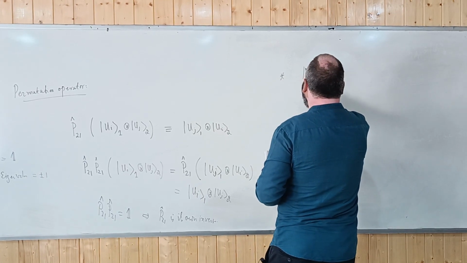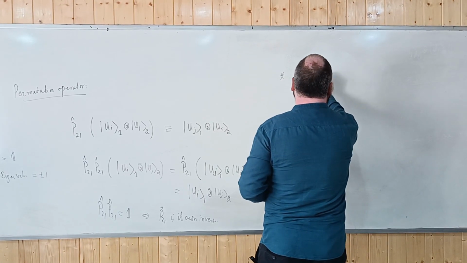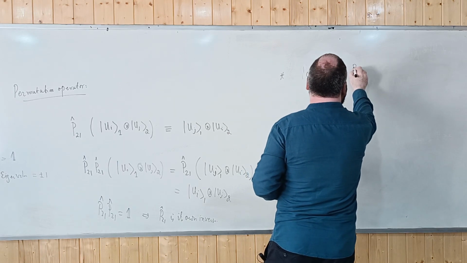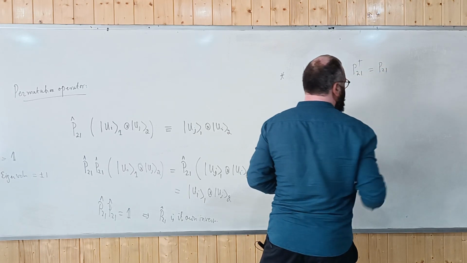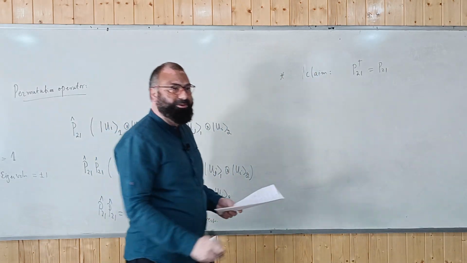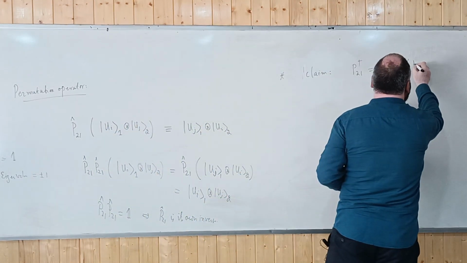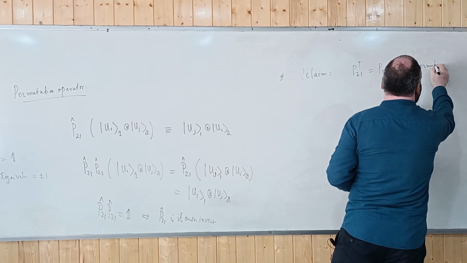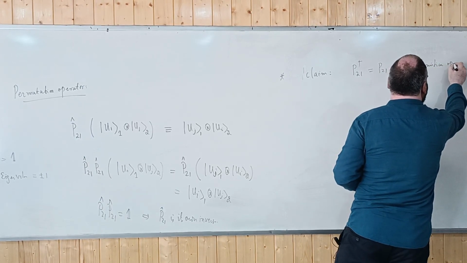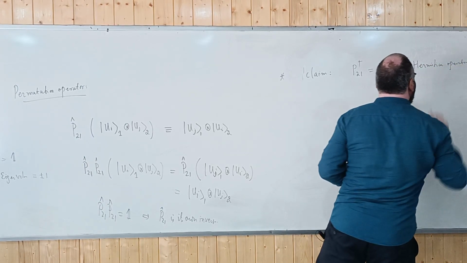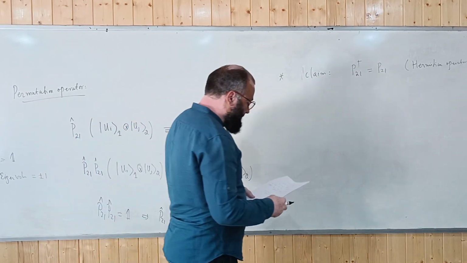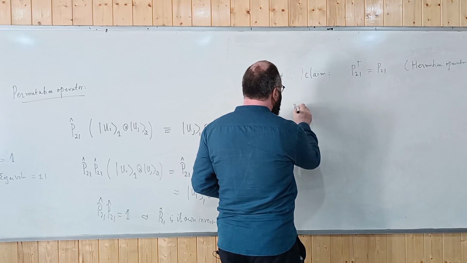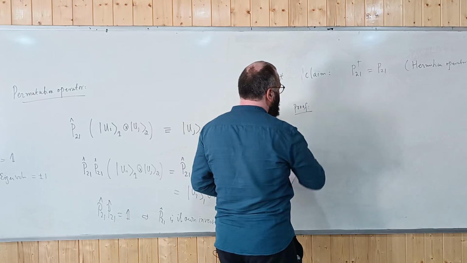So the claim is that P dagger 21 is the same as P21. So it means it's a Hermitian operator. Right? So let's do it. What is the definition of Hermiticity in terms of bra and ket notation?